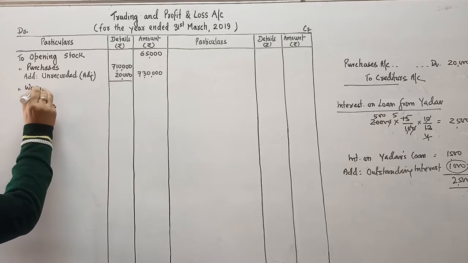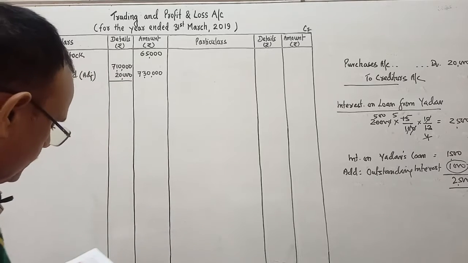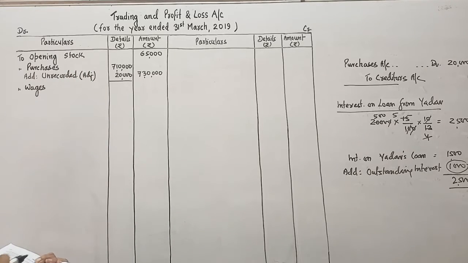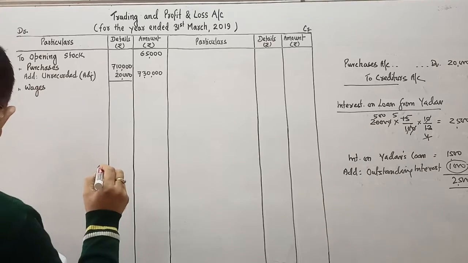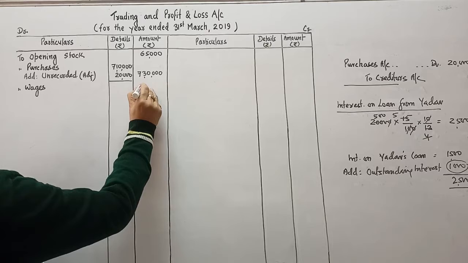After purchase, next is your wages. Wages is, you know, a direct expense. Is there any information regarding wages given in the adjustment? Regarding wages, no information is there. So we can write the wages directly in the outer column, that is 22,000.